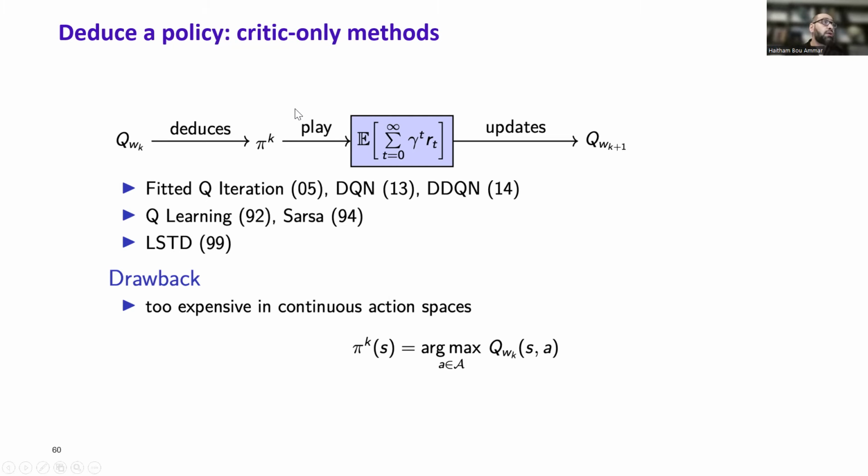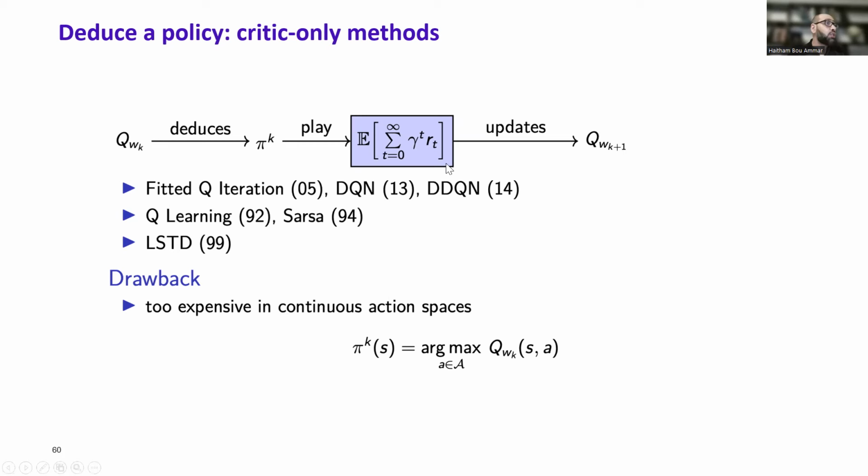Now, when it comes to critic-only methods, they are referred to as indirect methods. Those methods do not directly search for the policy. What they rather do is build a notion of a Q function, which dictates how the policy would have performed. And then from that Q function, they try to deduce the policy.